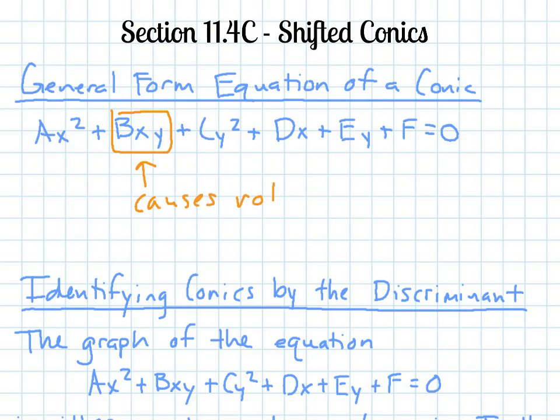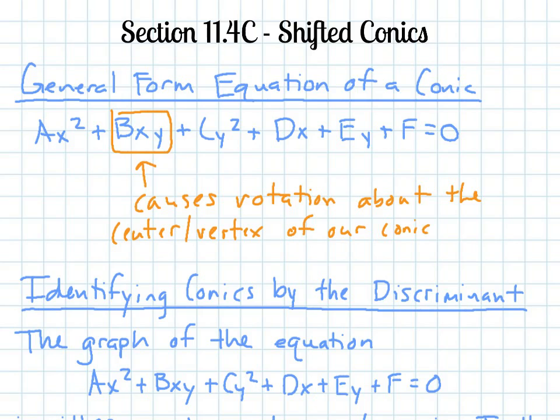So this causes the rotation about the center or vertex, whichever one you're talking about. Okay, so that gives you pictures that look like maybe an ellipse that's elongated that way, or hyperbolas that kind of rotate in this direction.